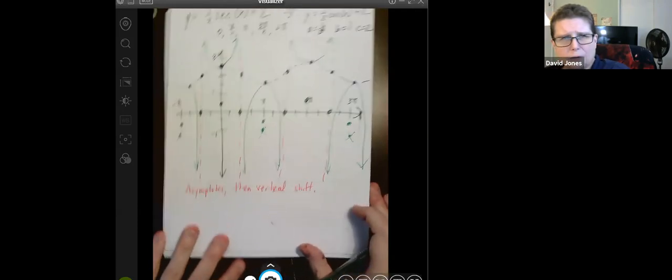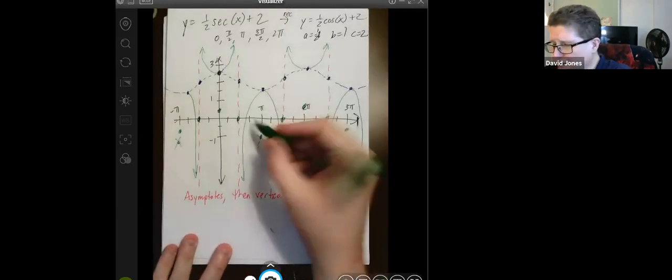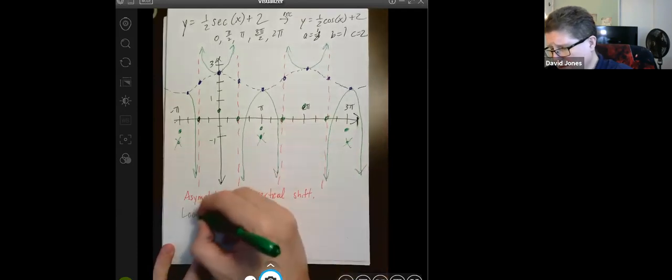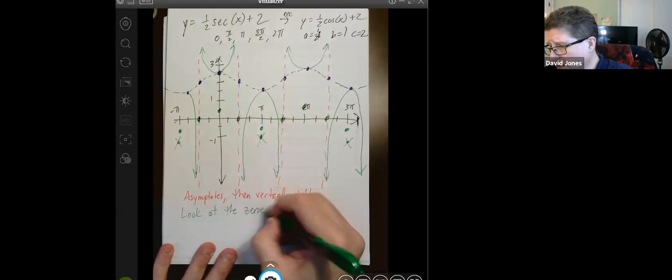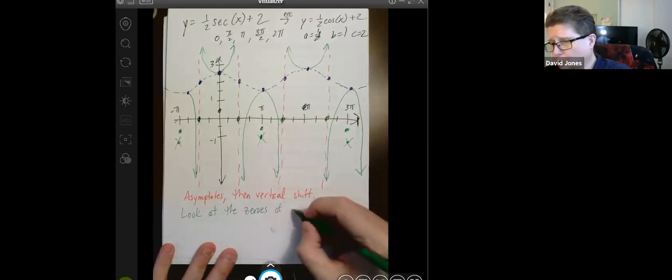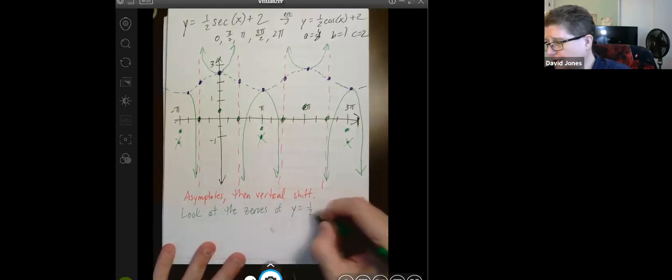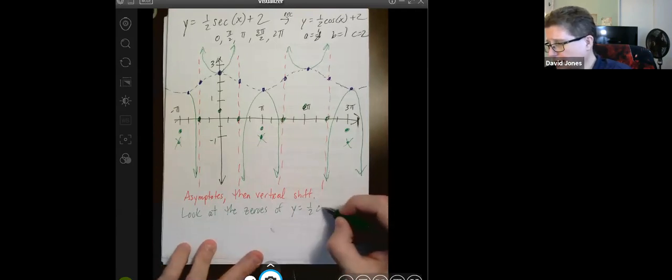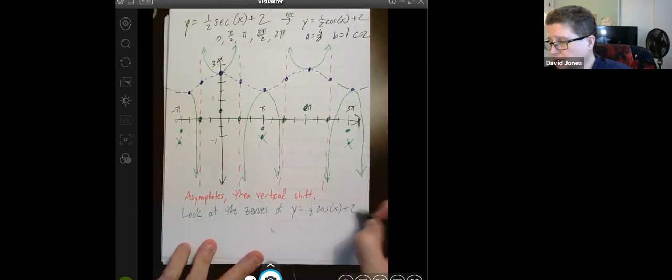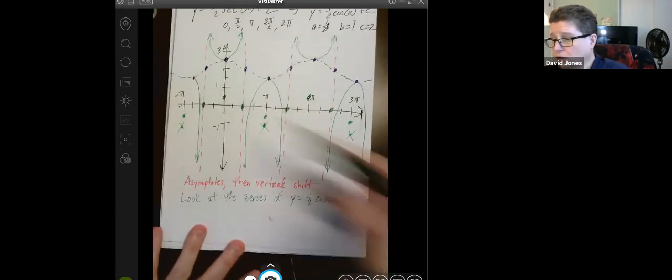And the reason why I wanted to point this out to you, look at the zeros now. Look at the zeros of y equals 1/2 cosine of x plus 2. The blue line.